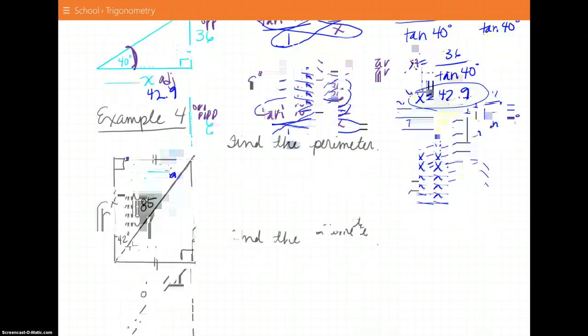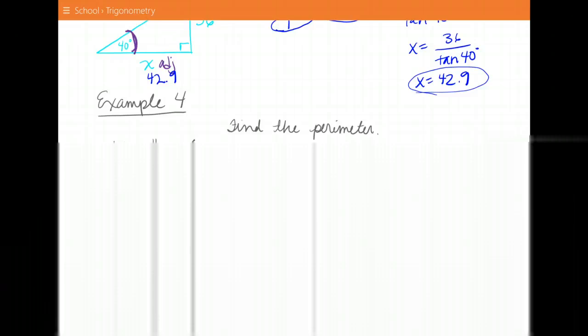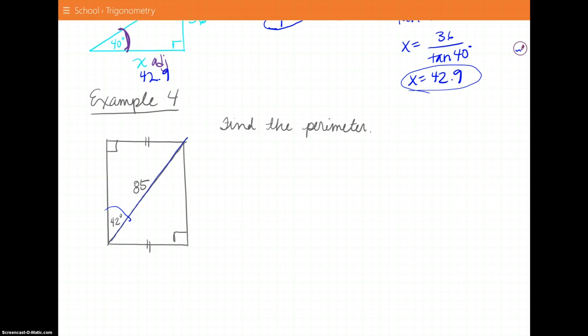All right, the last one, they ask us to find the perimeter. Well, that shouldn't be a big deal because if I know an angle and I know one side, I can find the other sides. No big deal. So let's see. 85, that's like the hypotenuse of this triangle. And I've got the 42.